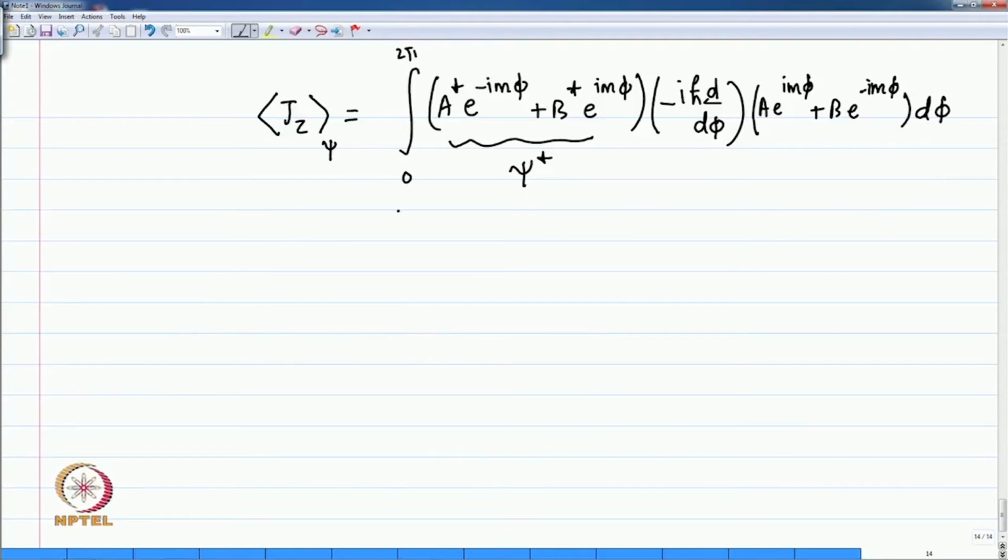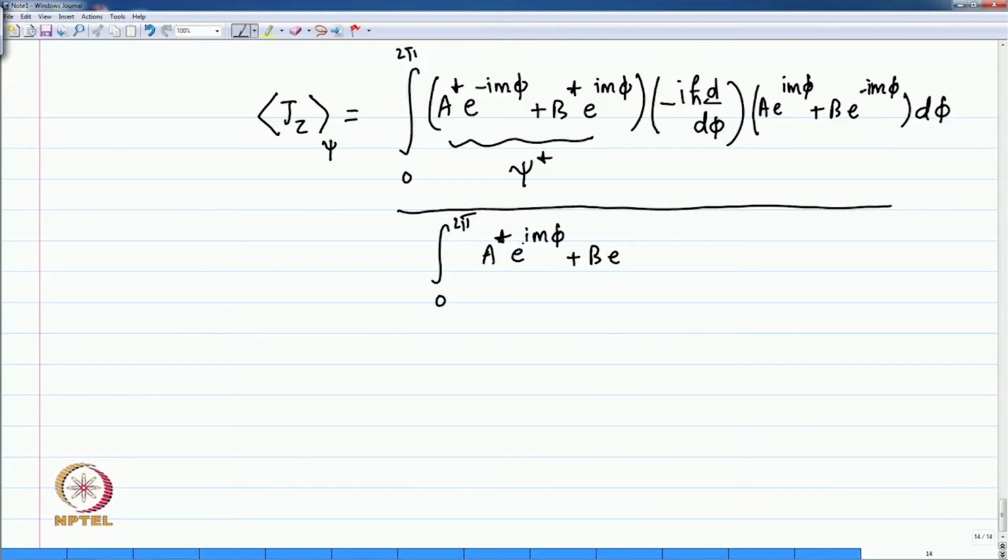But please remember, this wave function we have not yet normalized. Therefore, we have to make sure that we write the psi star psi in the denominator, namely 0 to 2 pi, a star e to the i m phi plus b star e to the minus i m phi, multiplied by a e to the i m phi plus b e to the minus i m phi d phi. This is a very elementary integral.